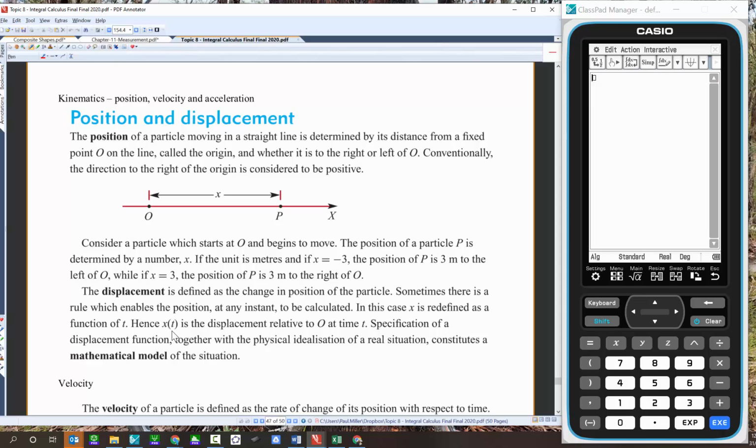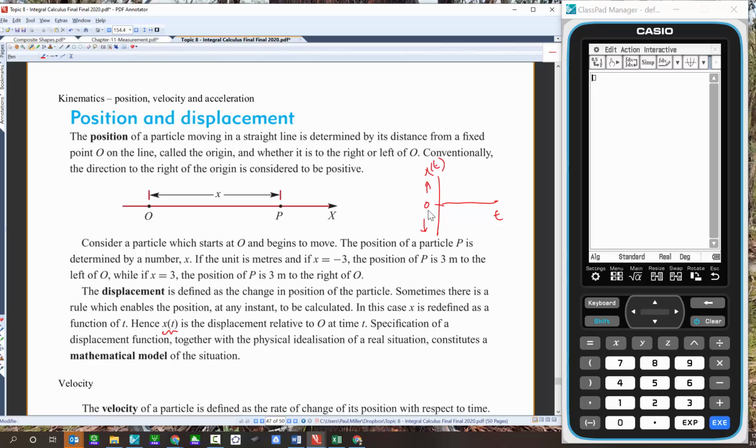Hence x of t is the displacement relative to the origin at time t. Essentially, this axis here we plonk up there. That becomes the x-axis. Here's the origin, and the particle moves left or right of the origin, and this axis now becomes t, which is time.